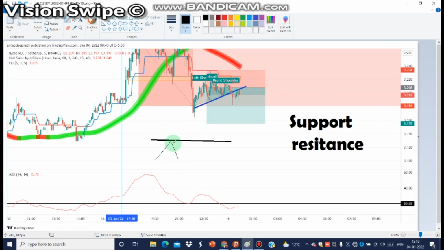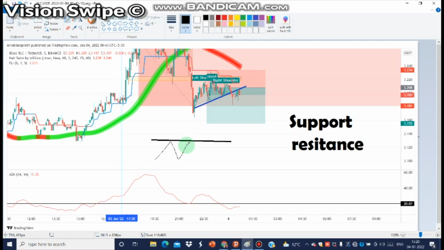Similarly, once it has tested this point, which is known as testing, as a resistance, the next time it comes to this point, we can have a perception that this trade is coming near a resistance, so it might go down from here. Okay, there are two options.